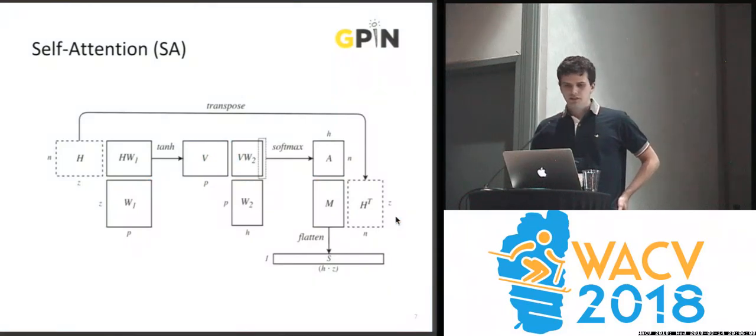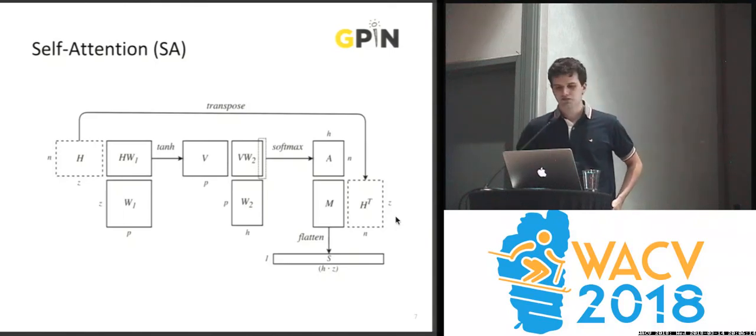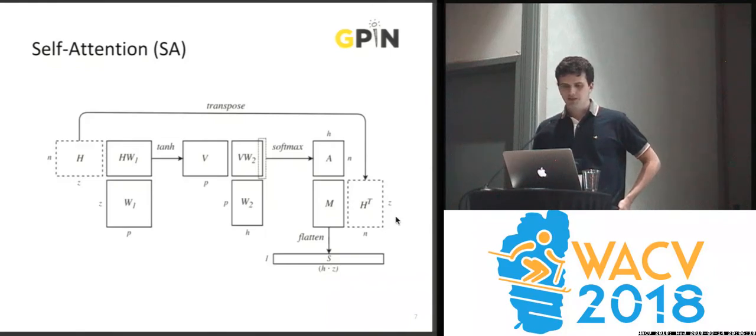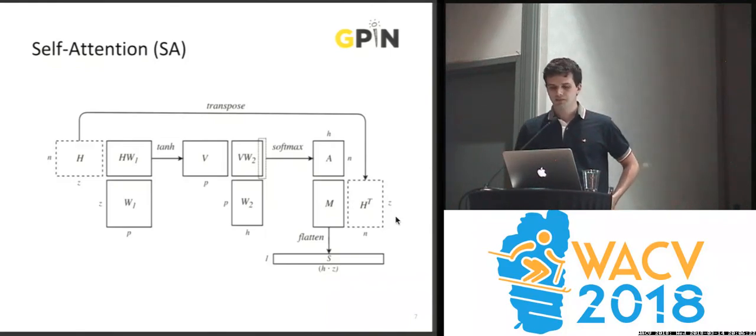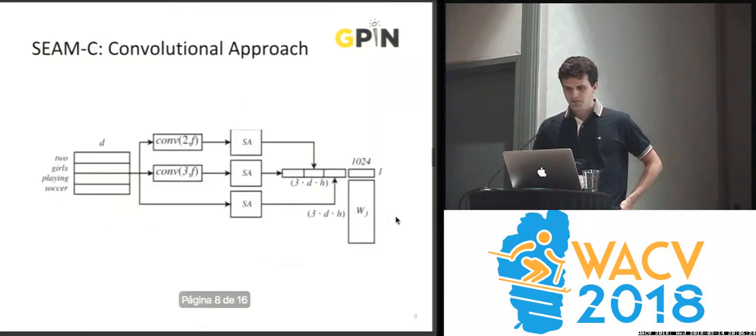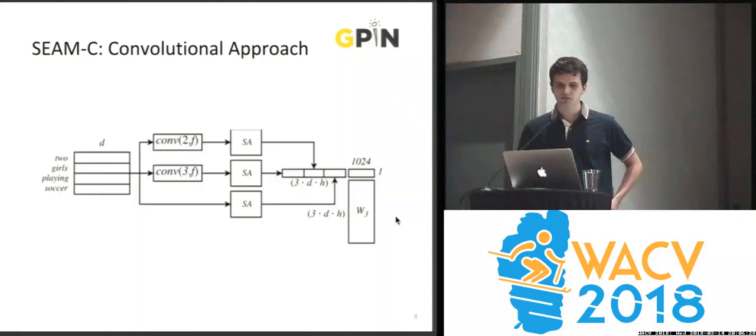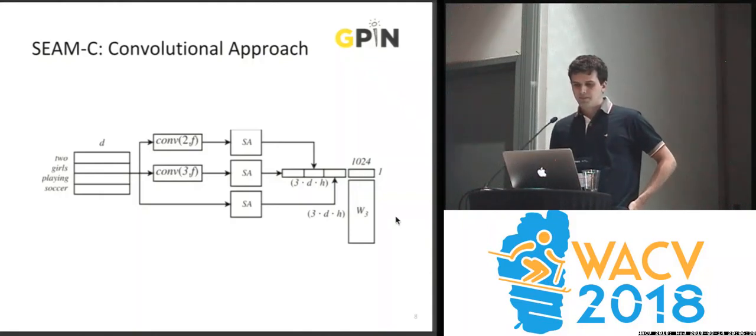SIM. First, the self-attention module is basically 2 layers: a tanh activation function at the first layer and a softmax in the second. It basically weights the features of the word embeddings through time. And let's go through our first method, which is the SIM-C, Convolution Approach.